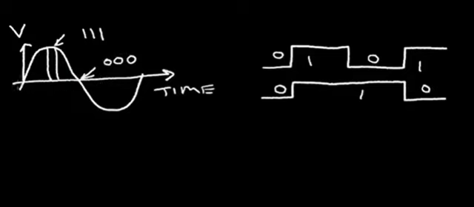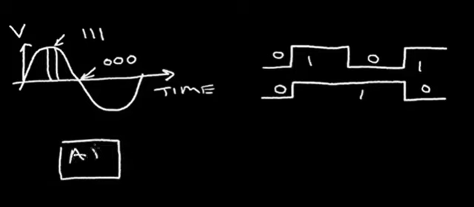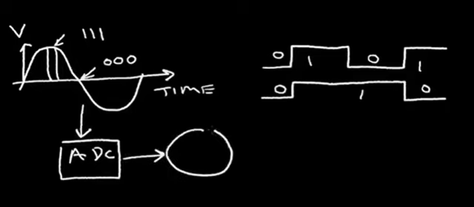So we can analyze this voltage waveform, which may be an audio waveform, and we can design circuits called analog to digital converters. It will take this analog waveform and produce digital data that we can store, for example, on a disk drive.